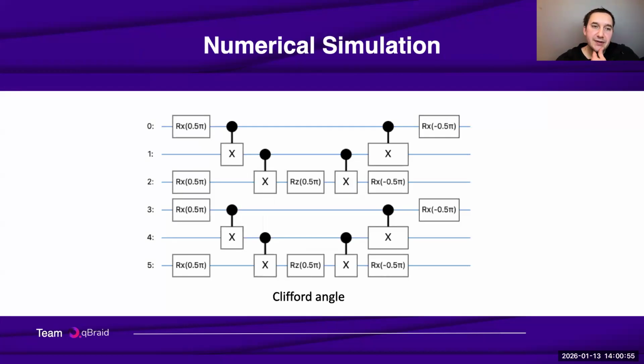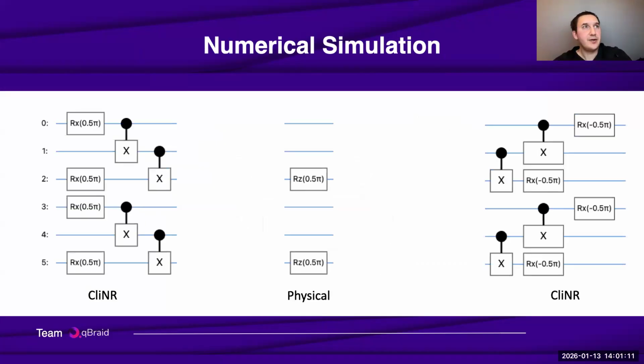This is the standard Trotter circuit that I showed earlier, where you've got some Clifford gates, and then in the middle, you in general have a non-Clifford circuit, the single RZ rotations, and then you have more Clifford gates. So the process here is you do Clifford noise reduction, physical RZ rotations, and then Clifford noise reduction, and hope that you can have fewer errors.